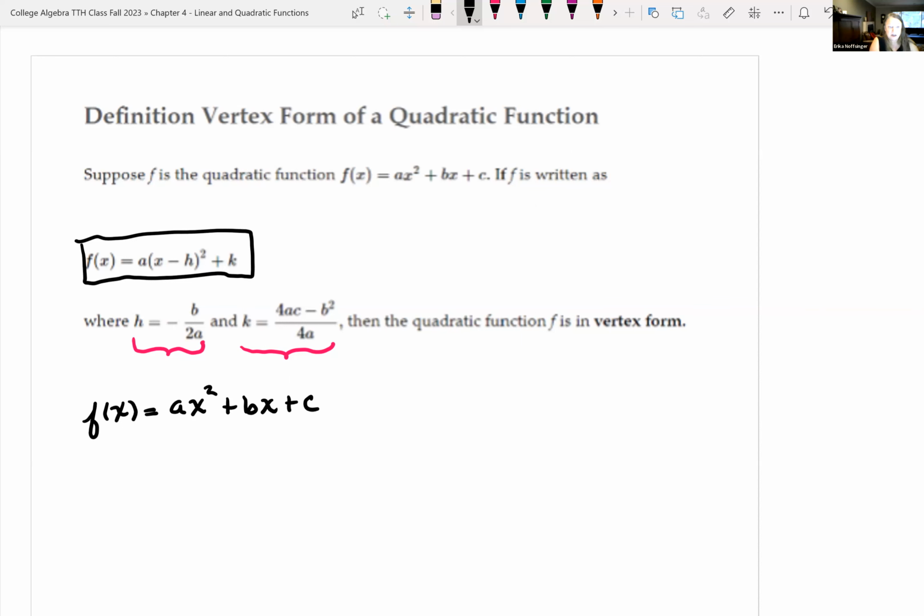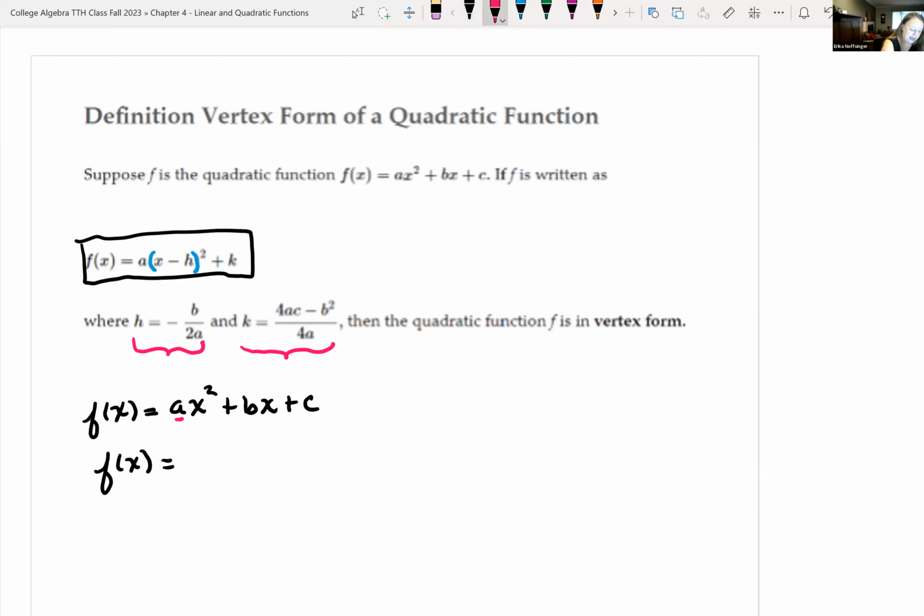So first thing that we need to do is we want this to be a perfect square. And so we know we can make things a perfect square by completing the square if that coefficient in front of the x squared is 1. So because this is a generic case, I don't know that that value of a is 1. And so let's factor a out of just the x terms.